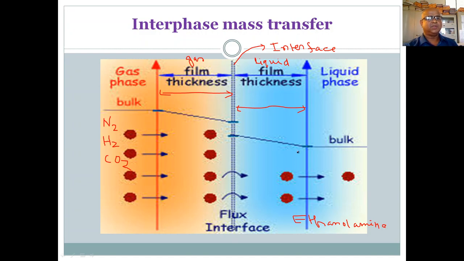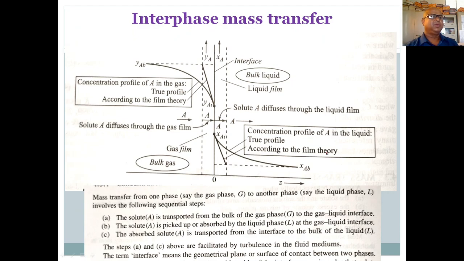So in this way it is coming, and this is the bulk concentration of the diffusing element. In this case there will be two boundary layers. Two boundary layers will be in direct contact, and this contact line is called the interface. Now if you see this picture in a deeper way, it will be like this.